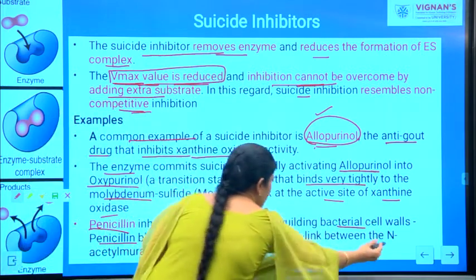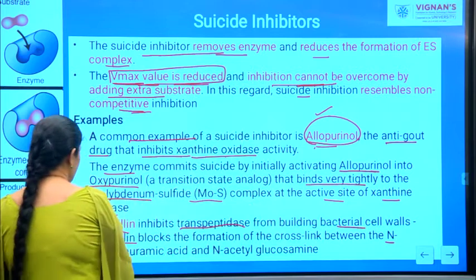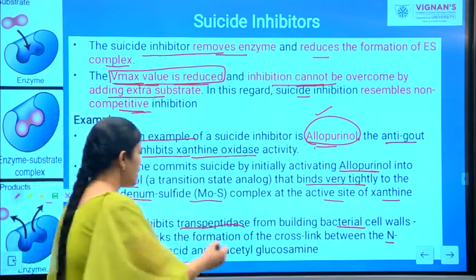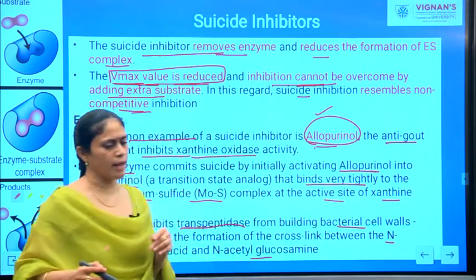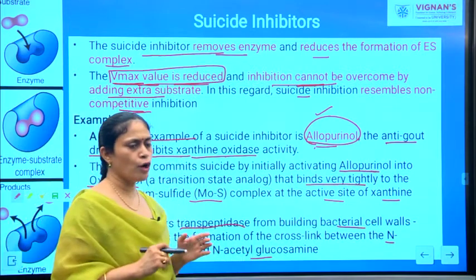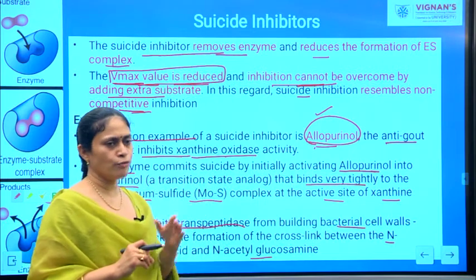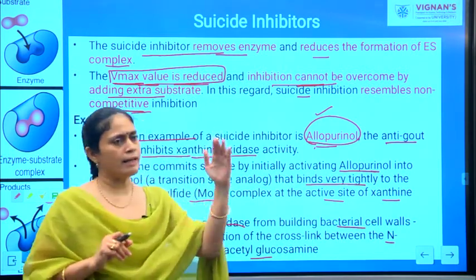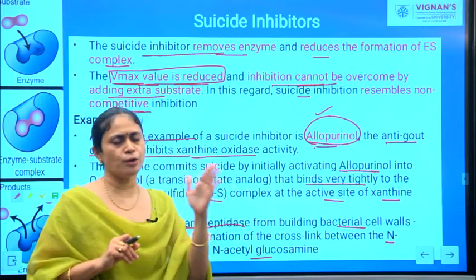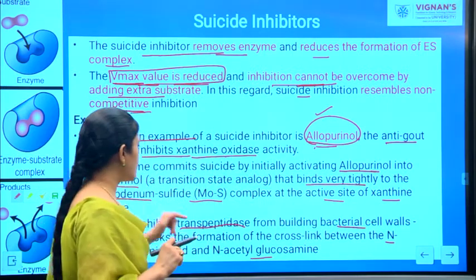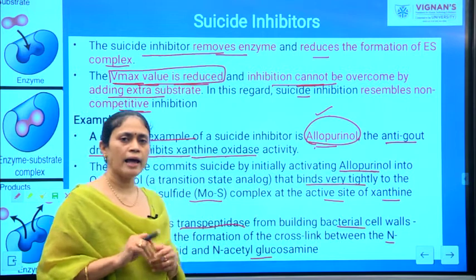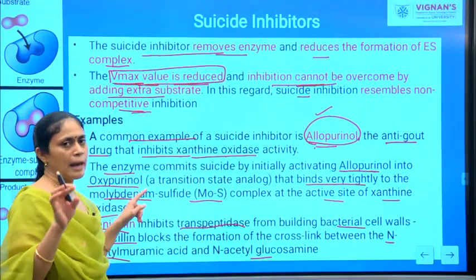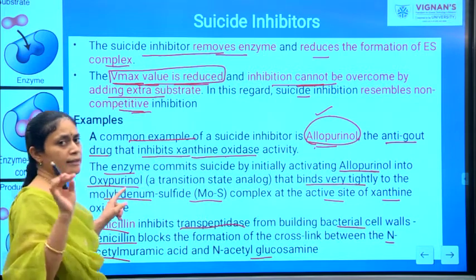It is N-acetyl muramic acid, and NAG means N-acetyl glucosamine. Generally, in the cell wall of the bacteria, cross links are formed between these NAM and NAG units. Penicillin is completely affecting the formation of the linkages between these NAM and NAG units, and thereby it is creating damage to the bacteria, killing the bacteria.